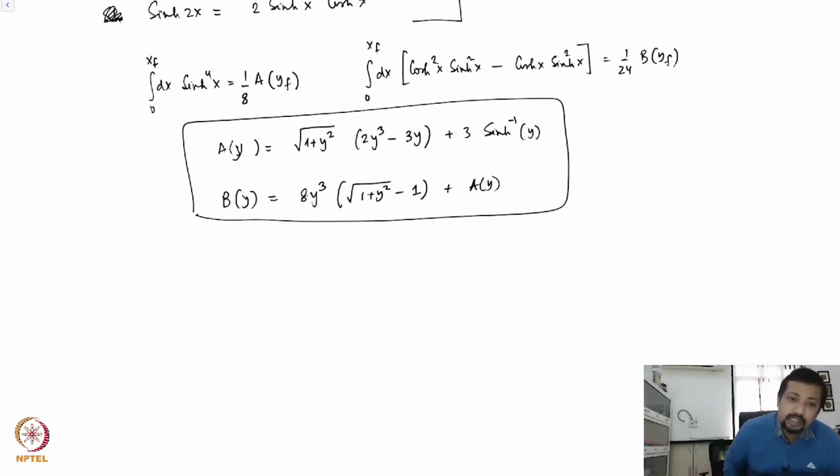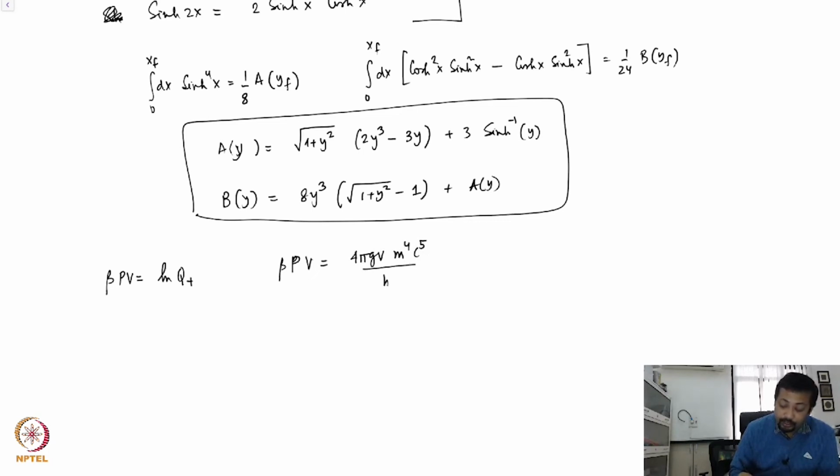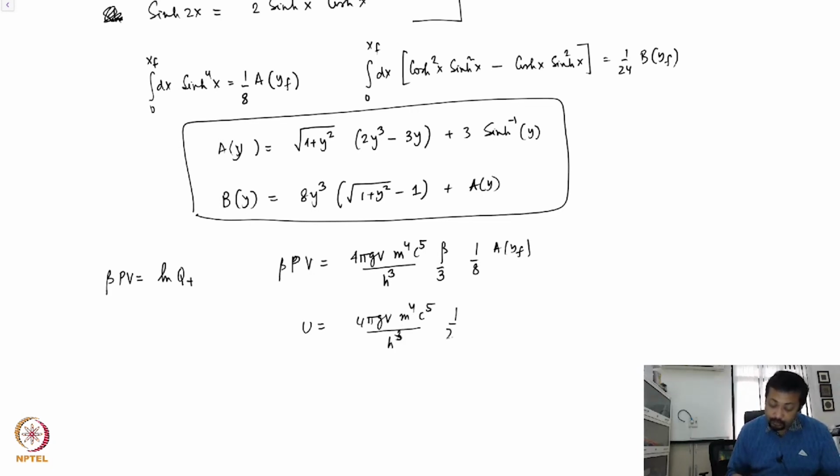We are done with this and are left with a few more steps. One should note that beta PV is going to be ln of Q. So I have the expression: beta times pressure times volume is 4 pi G V M4 C5 beta over 3, and then I had 1 by 8 of A of YF, and the energy was 4 pi G V M4 C5 over h cube, 1 over 24 B of YF.